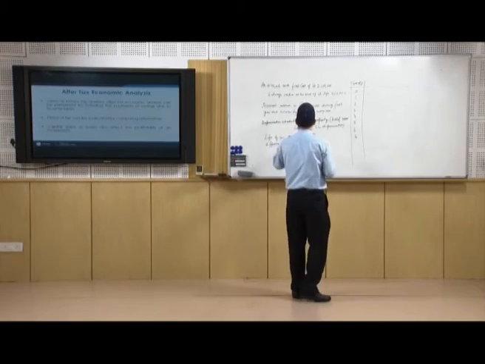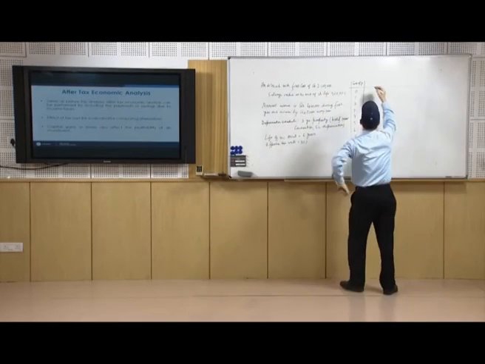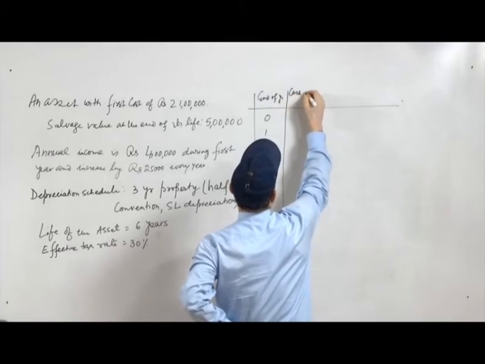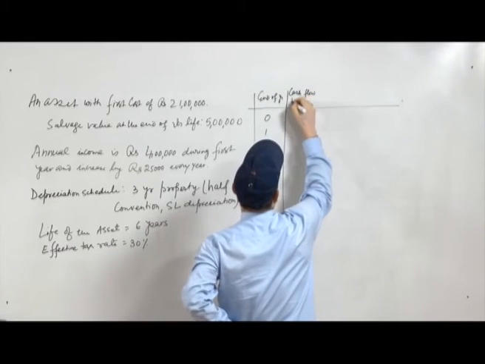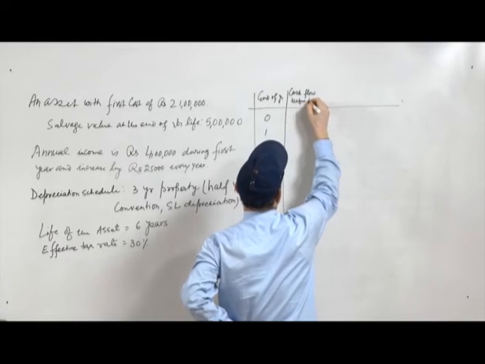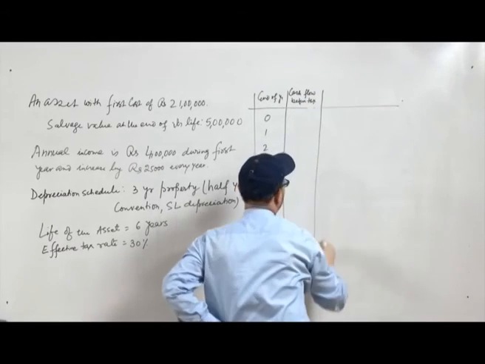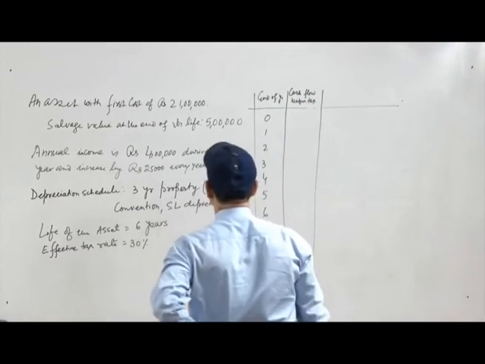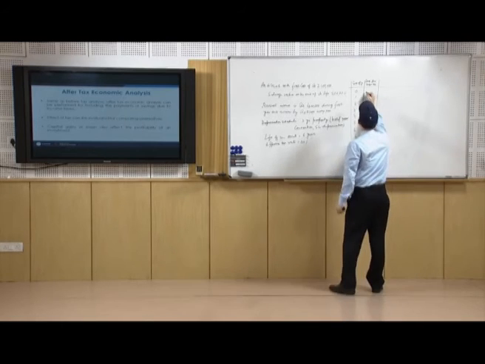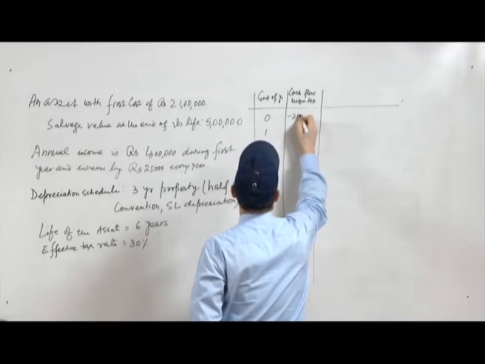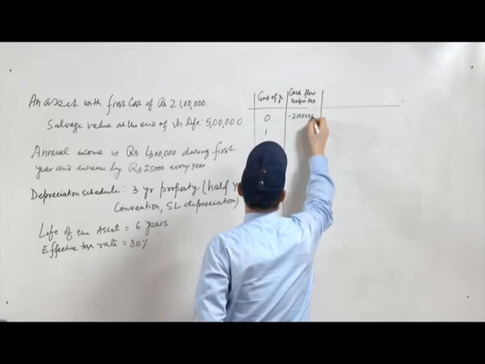So in this we are having the cash flow before tax. If you take the cash flow before tax, we are taking the asset at 21 lakhs.